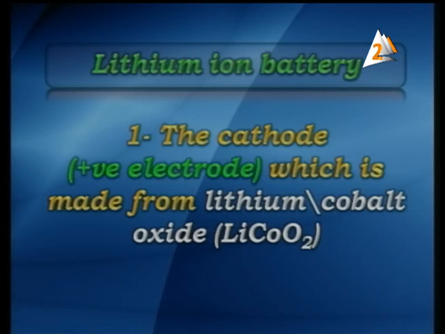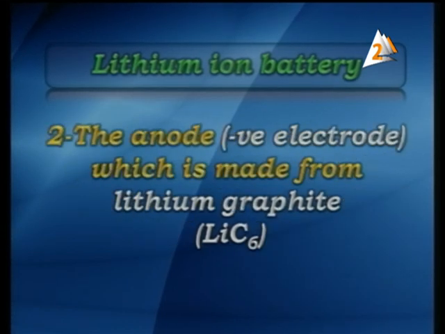It means cobalt, lithium cobalt oxide. It's good. This is not all, but look at this. The anode is the negative electrode, which is made from lithium graphite. It has the formula LiC6. It's good.